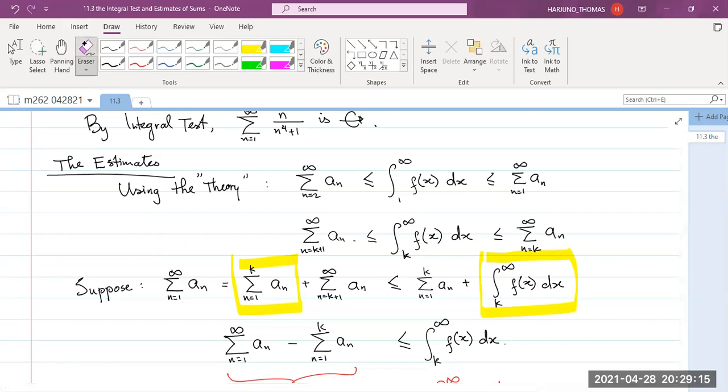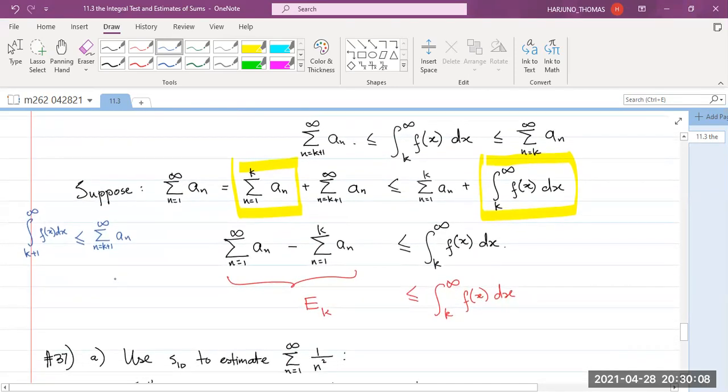But I would also like you to realize that at the same time, the summation from k plus 1 to infinity of a sub n is greater than the integral from k plus 1 to infinity of f(x) dx.